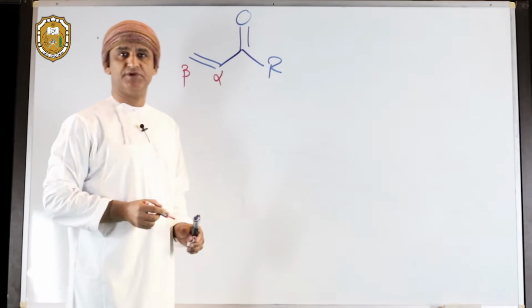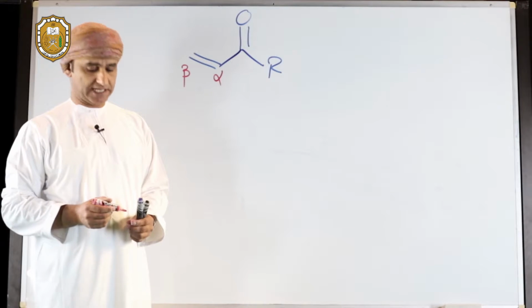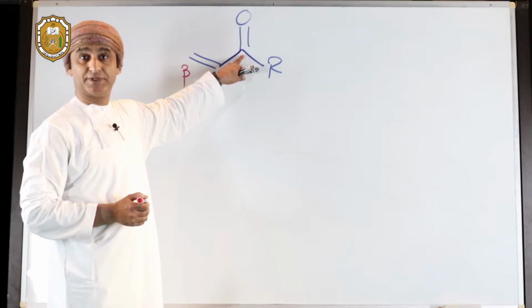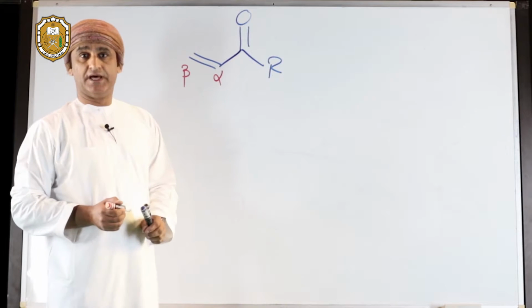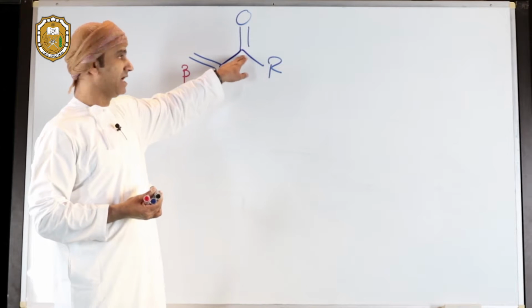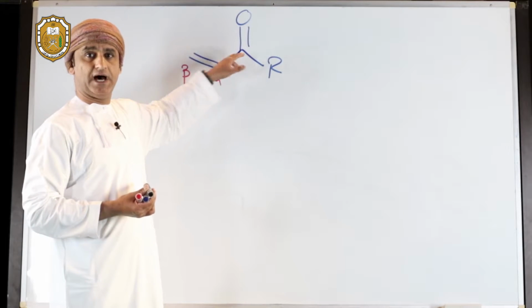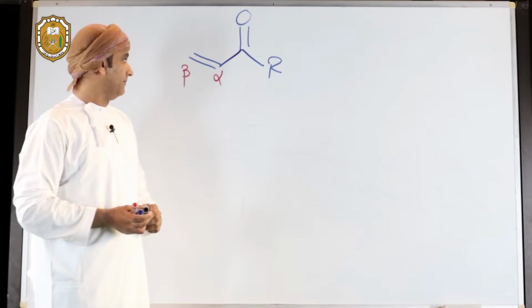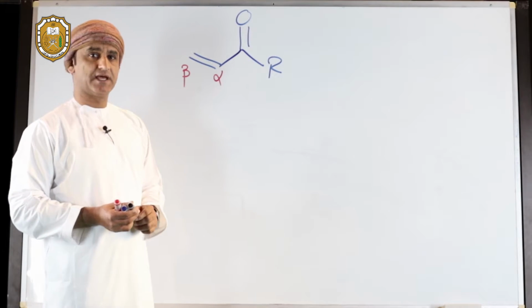And as we have seen before, these alpha beta unsaturated carbonyl compounds are electrophilic not only at the carbon of the carbonyl group, but also at the beta carbon. So some nucleophiles can attack the carbon of the carbonyl group, and other nucleophiles can attack the beta carbon of this alpha beta unsaturated carbonyl compound.